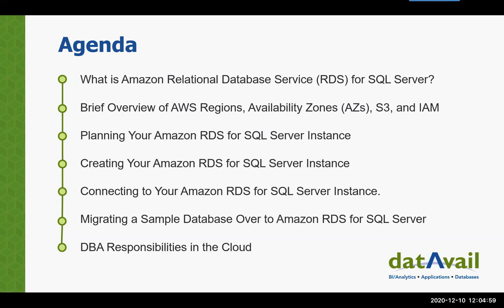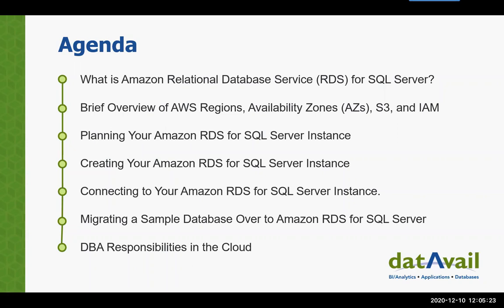Then we're going to migrate a database over to Amazon RDS for SQL from our on-premises SQL Server instance. We're going to take a backup and then put it on S3 and then restore it over to Amazon RDS as part of the migration.